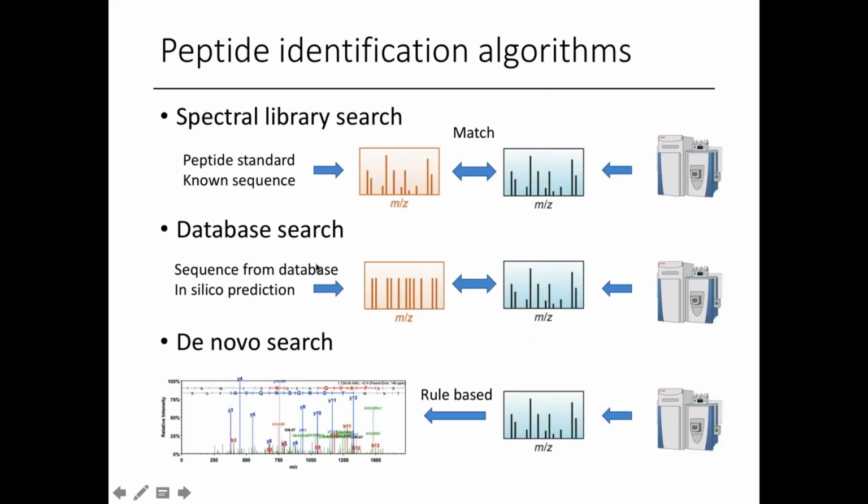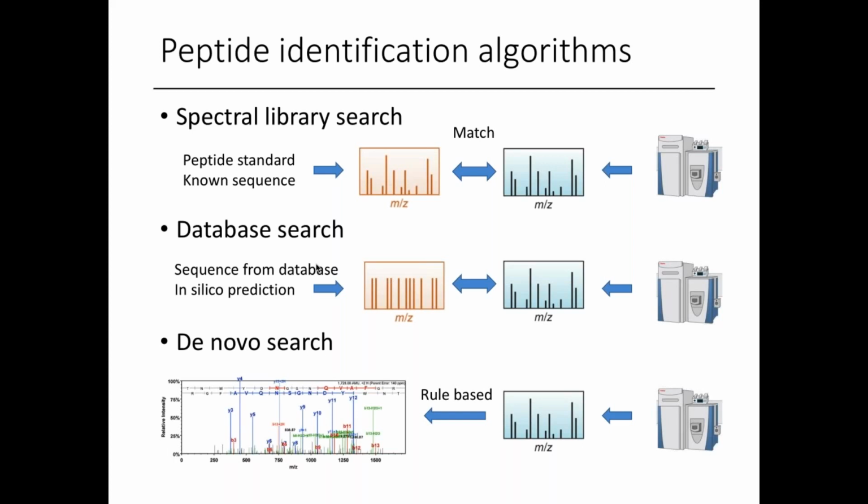There are three different types of peptide identification algorithm used for this problem. First, the most natural one, I think, is the spectral library search, which essentially is: you have a peptide standard and you acquire a spectrum of that standard and compare it with the one you obtained from the unknown sample.